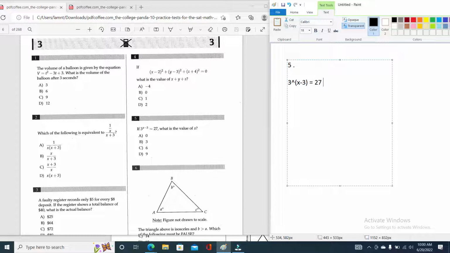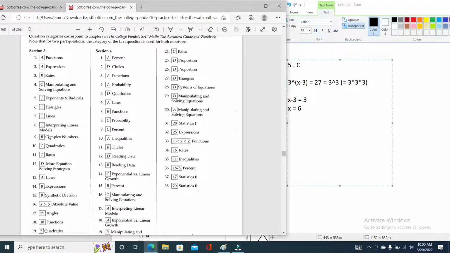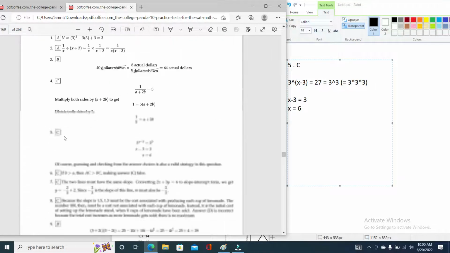But we know that 27 is equal to 3 to the power of 3, because if you multiply 3 times 3 times 3 together, you get 27, right? That's 3 cubed. So equivalently we have x minus 3 equal to 3. So x equals 6. So the answer of 5 is C, correct.